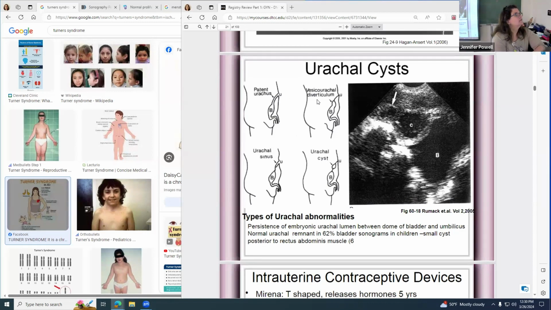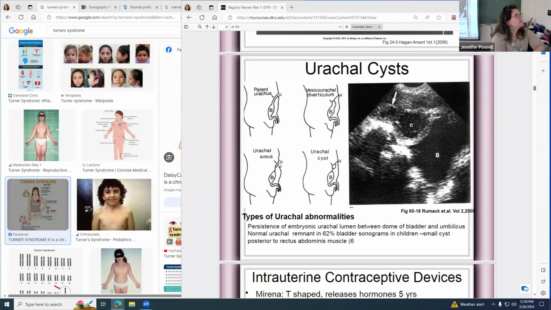This is a vesico-urachal diverticulum. So vesico meaning bladder, and a diverticulum is an outpouching. So you have this diverticulum that has this connection to the belly button. Then you have a urachal sinus.